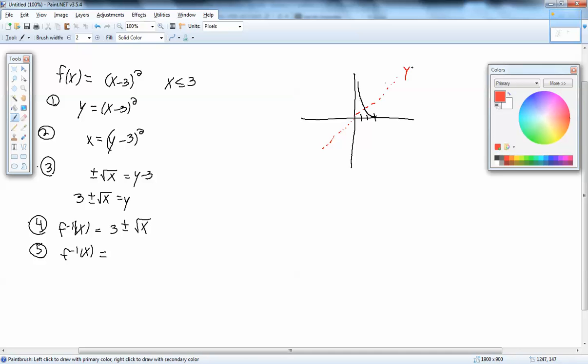Okay, this is the line y is equal to x. Now this is our f of x, and our inverse is symmetric to this, which means this is f, it starts at 3 on our x-axis. So our inverse is going to start at 3 on our y-axis. And this little piece here, I'm going to flip, reflect across this line y is equal to x.